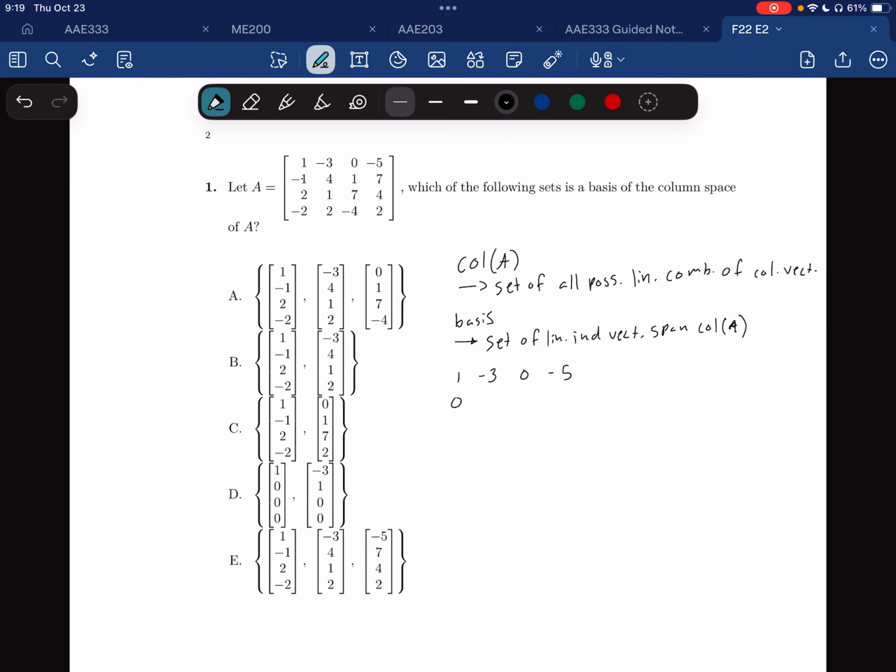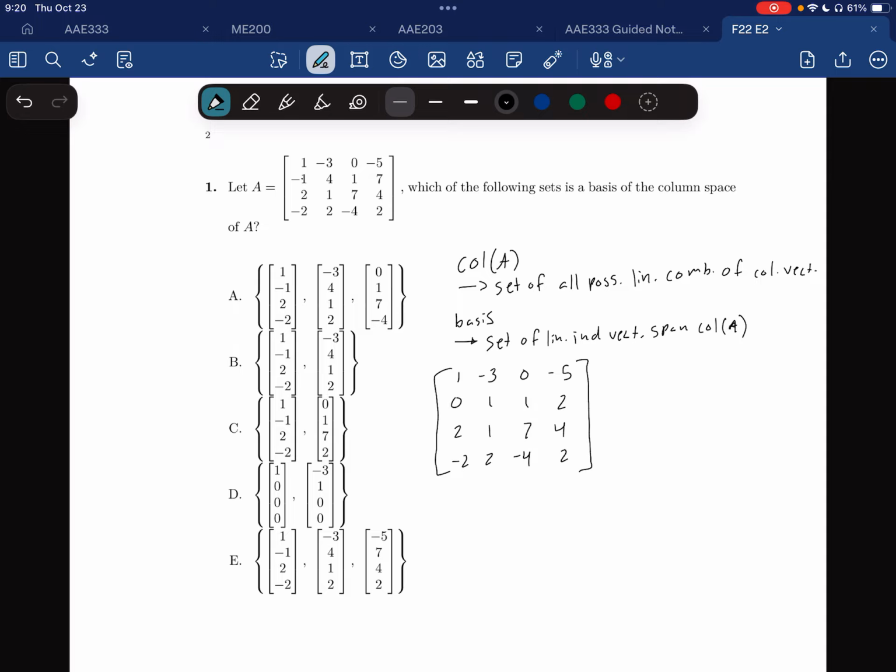So 4 minus 3 is 1, 1 plus 0 is 1, 7 minus 5 is 2, and this becomes 0. The rest of our rows stay the same. All right, so we have 1, 0 there. And realistically, you just want to keep getting as many zeros as possible.